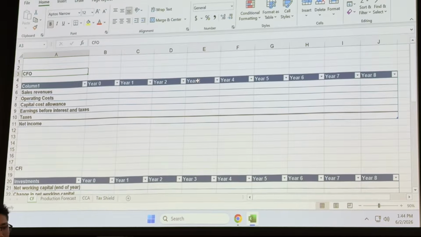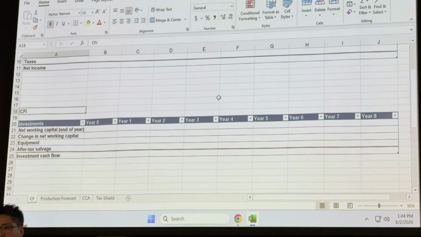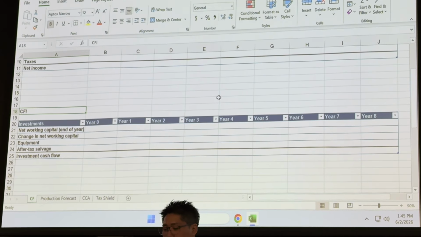So the first table you see on the top is the cash flow from operations. These are all the cash flows generated from day-to-day business. Now, investment cash flow, or cash flow from investment, is where the firm invests in assets. These are not the day-to-day, but the capital that you have to commit to the project, including the machine and net working capital.